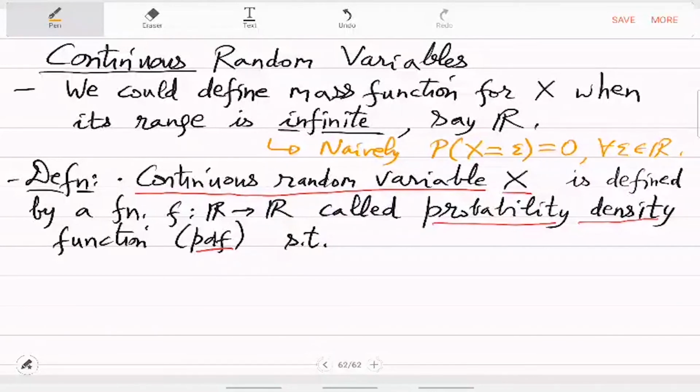One element probability will be 0, but what about looking at a bigger set like an interval of reals? And there this PDF will help.